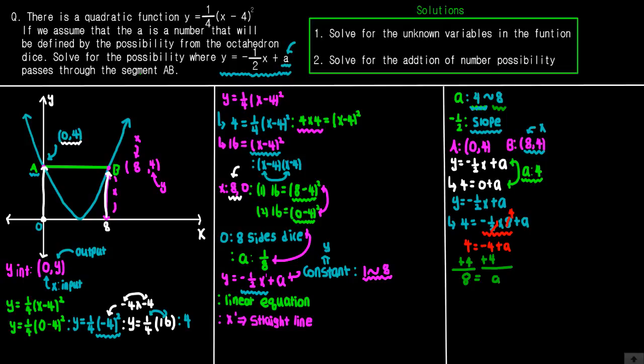When the a value is equal to 4, the line will look something like this, passing through point A. And for the second one, when the a value is equal to 8, it passes through the point B and looks something like this.